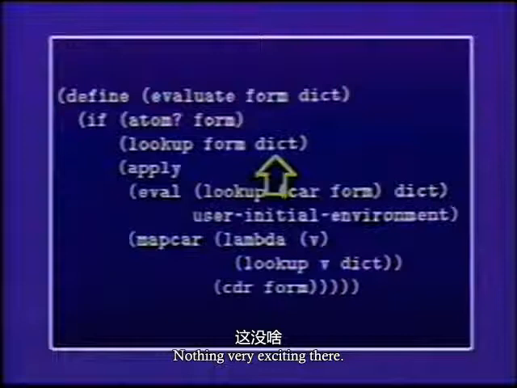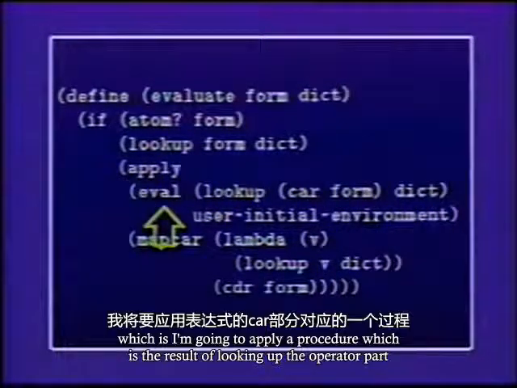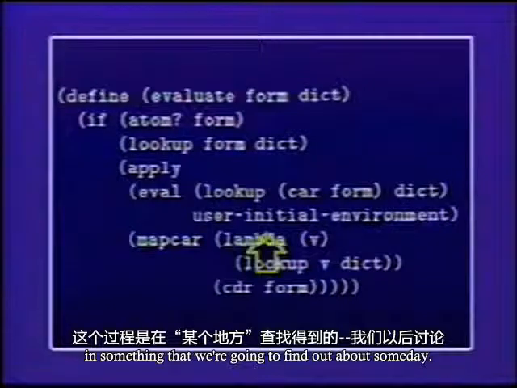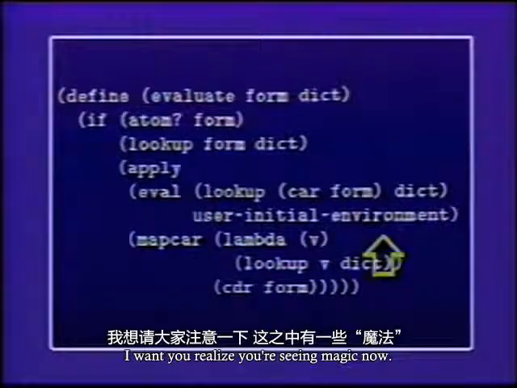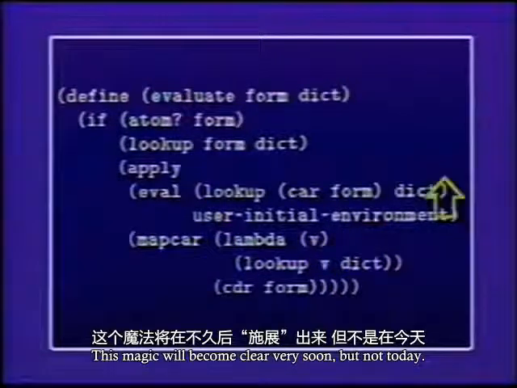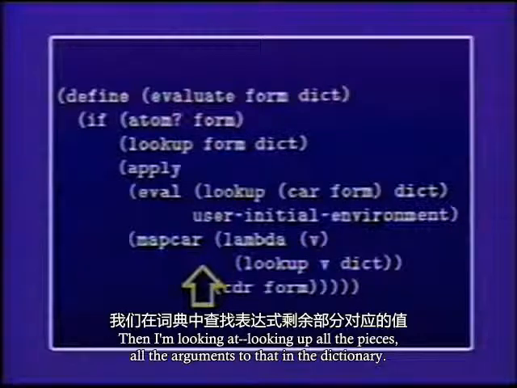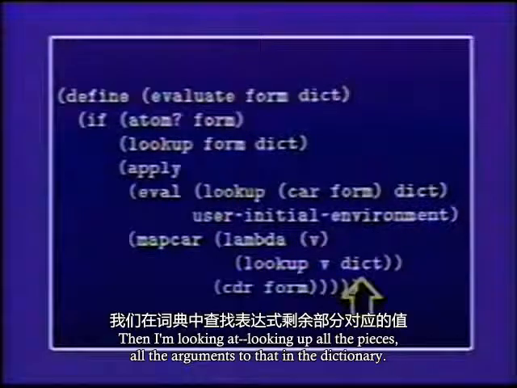Nothing very exciting there. Otherwise, I'm going to do something complicated here, which is I'm going to apply a procedure which is the result of looking up the operator part in something that we're going to find out about someday. I want you to realize you're seeing magic now. This magic will become clear very soon, but not today. Okay? Down looking up all the pieces, all the arguments to that in the dictionary.